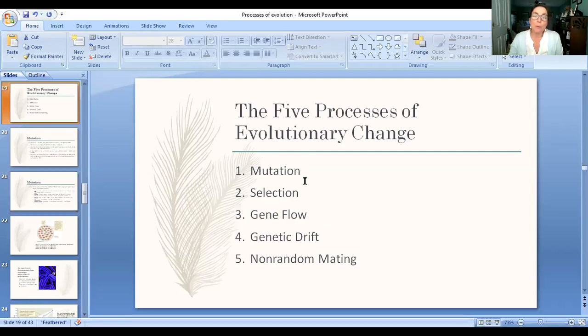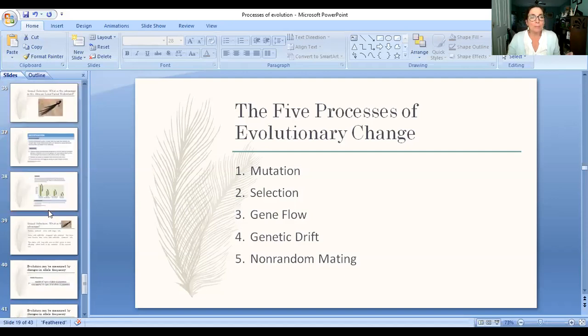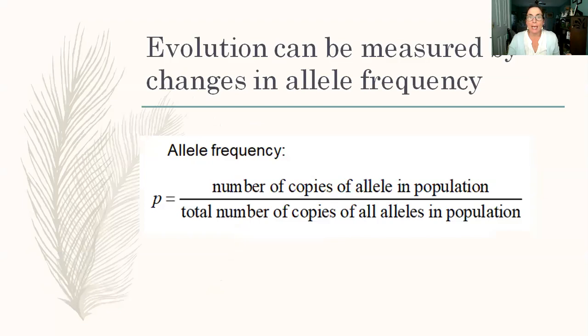So we went through each of those and talked about how if those types of things are happening within a population, then we would say that evolutionary change is happening because changes in allele frequency happen. That brings us back to the idea that your evolution lab was hitting on, and that is that evolution can be measured by changes in allele frequency.